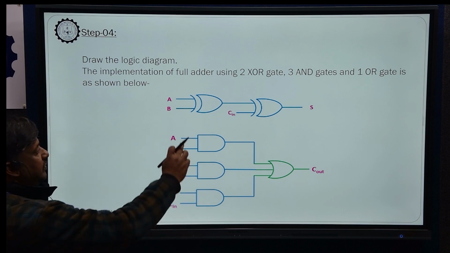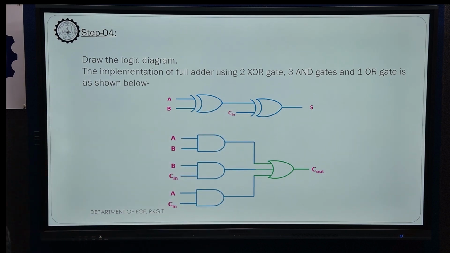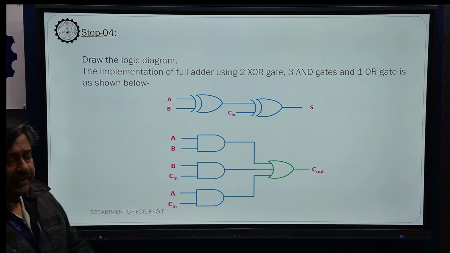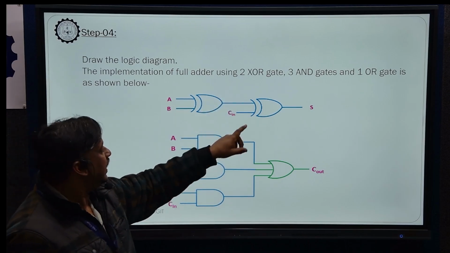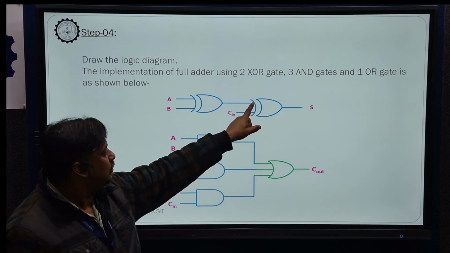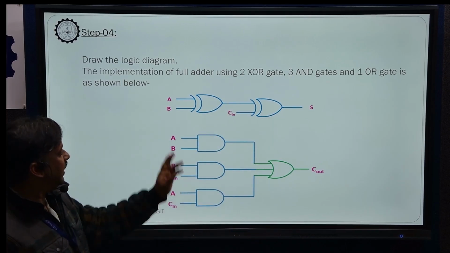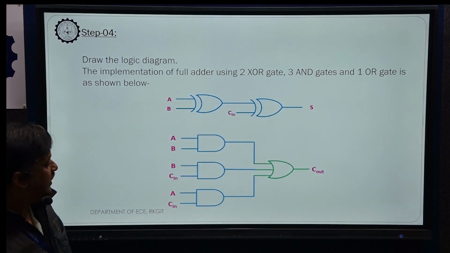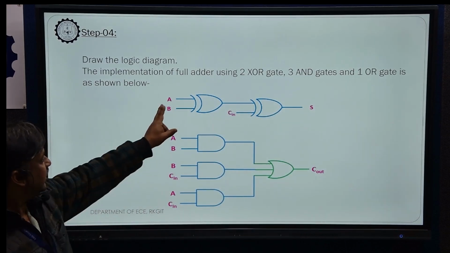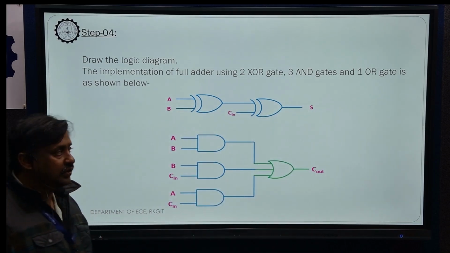That is implemented using two XOR gates, because we have only two input XOR gates. The first two inputs A, B go here, so we get A XOR B, and that output is connected to another XOR gate where we give another input C in. So the final output is sum S equal to A XOR B XOR C in.